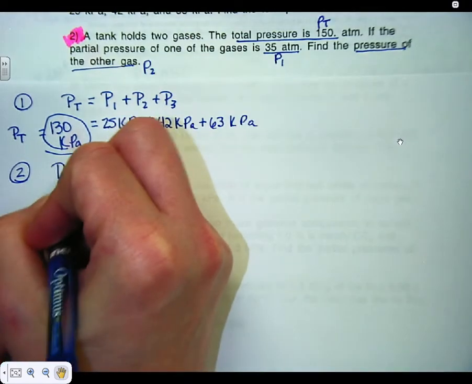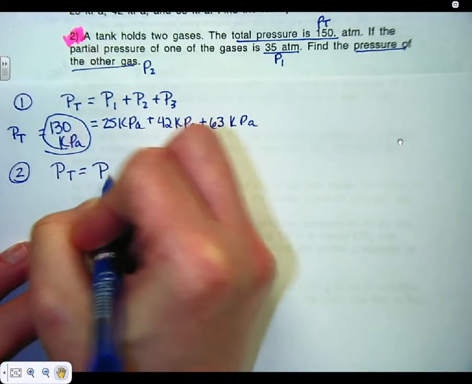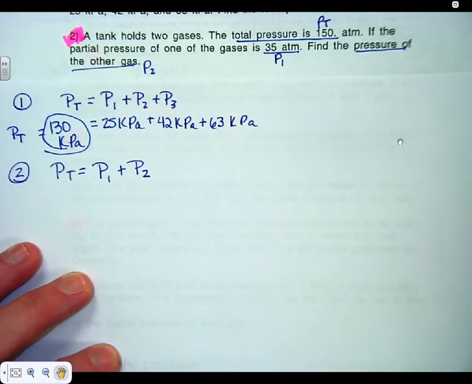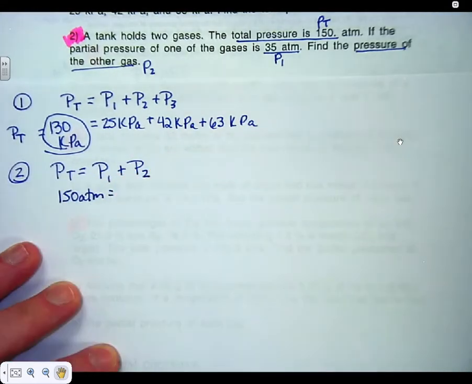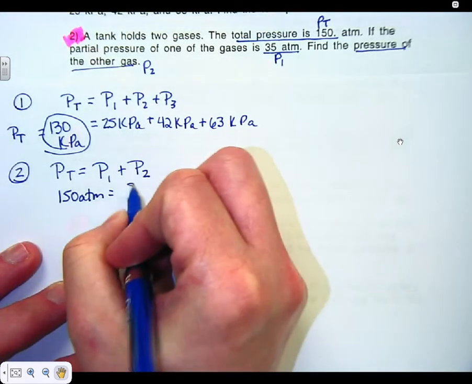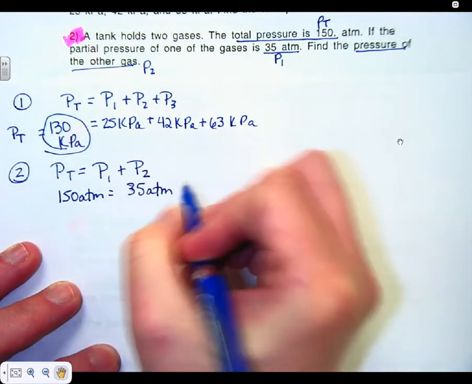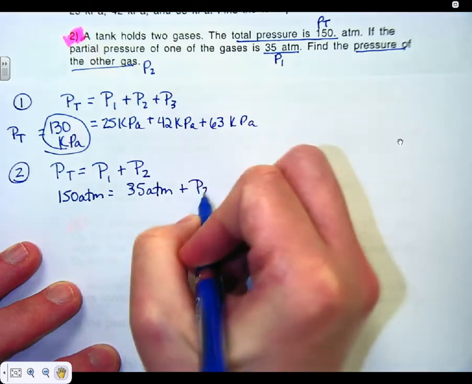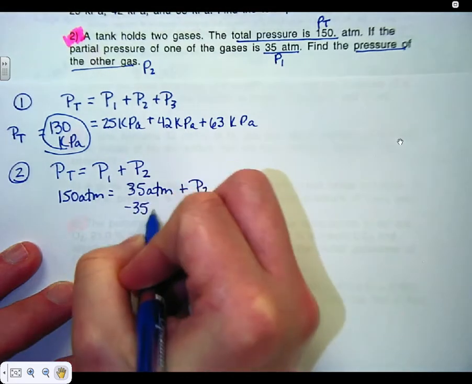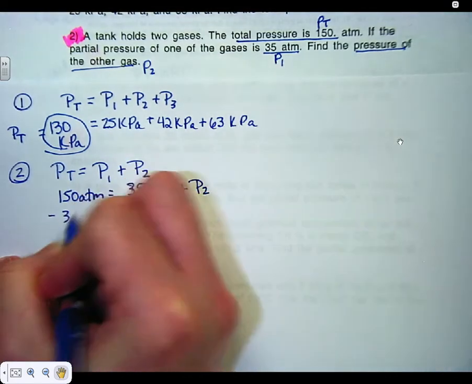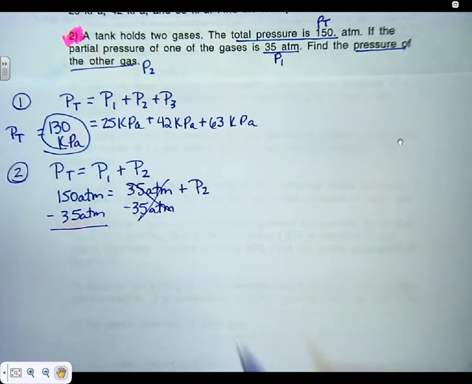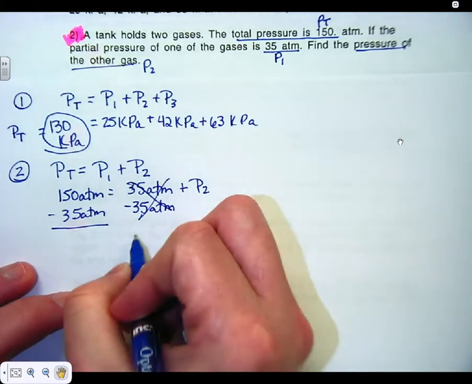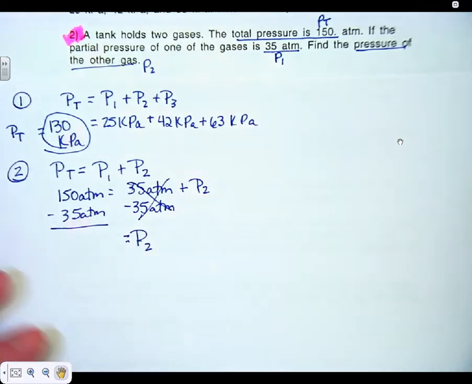So, again, PT is equal here to the pressure of the 2 gases added together. If the total pressure is 150 and the pressure of the first gas is 35, then we want to know what P2 is. Obviously, we're going to subtract. I know you knew how to do this by just reading it, but I wanted to work it out algebraically because I think we need a little bit of practice doing our algebra.